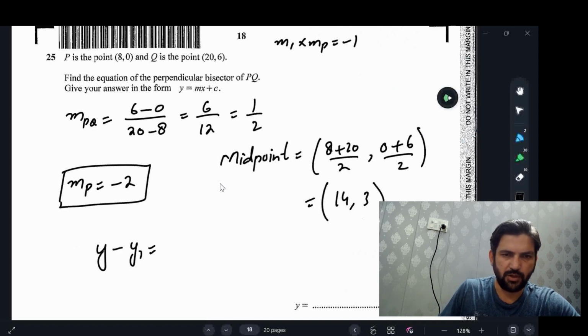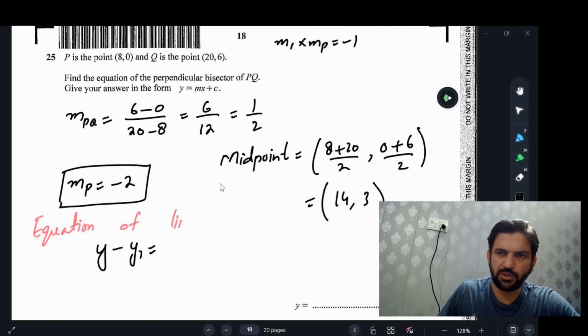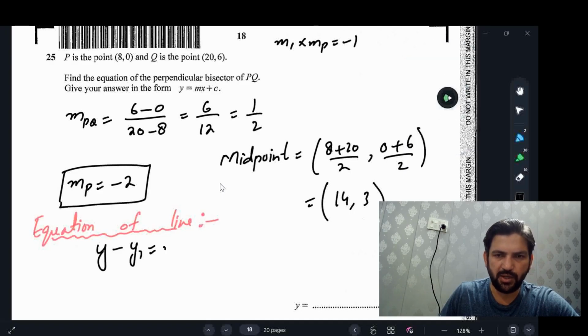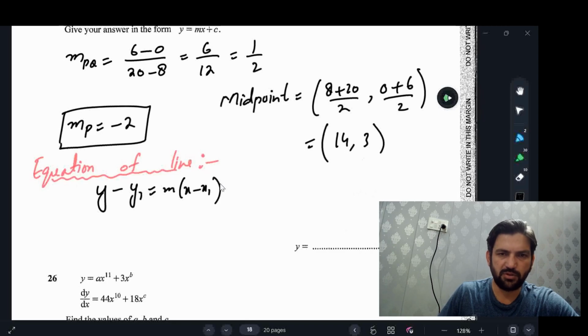Let me write it over here. Equation of line. For equation of line, what we can do is we can use this equation y minus y1 equals m into x minus x1. Now what we have to do is just put the values over here. Y minus 3 is equals to minus 2 into x minus 14.